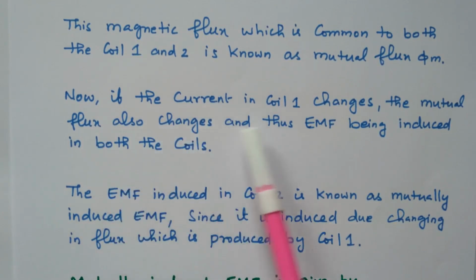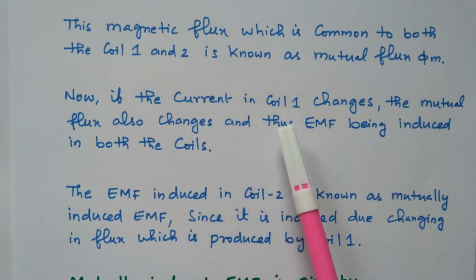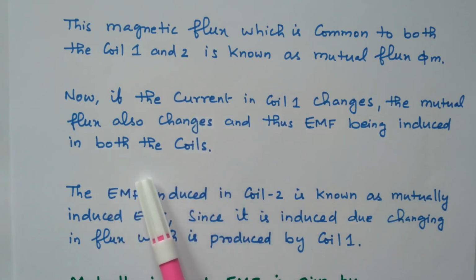Now, if the current in coil 1 changes, the mutual flux also changes, thus EMF is induced in both coils. Any change in the current will change the flux, and due to that the EMF will be induced.